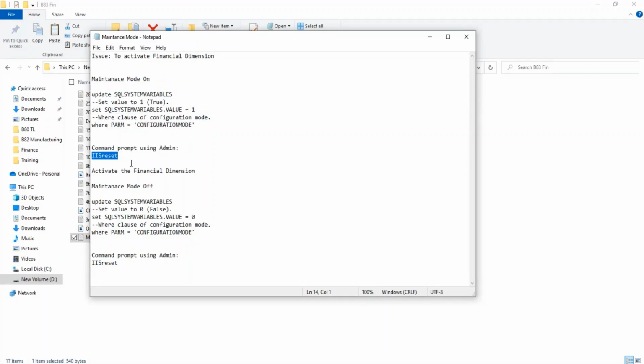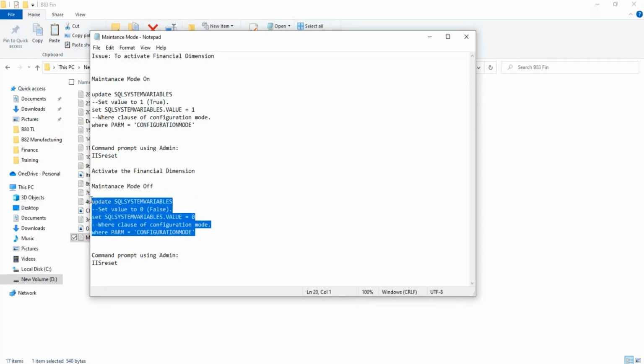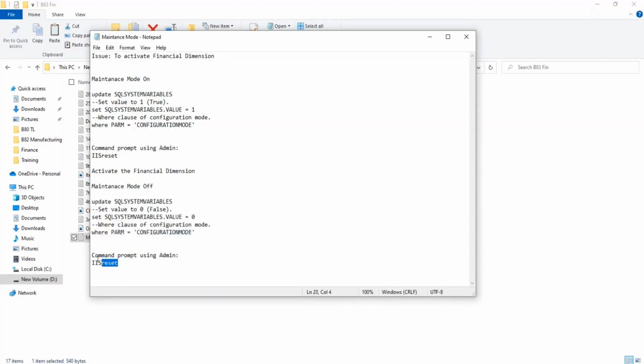Okay, this you cannot do independently. It is technical knowledge. If you have technical knowledge, then only you can do it. In the command prompt, you can do IIS reset, and then activate the dimension. Then you can execute maintenance mode off once again, and then you need to run IIS reset.